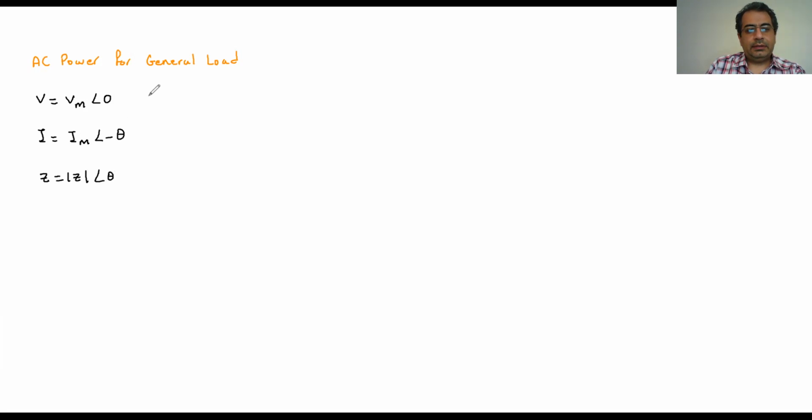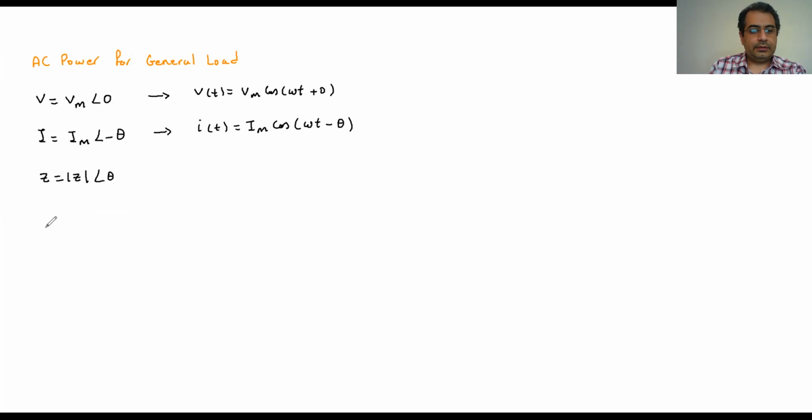This time we'll write it in time format. So v(t) is going to be Vm cosine omega t plus 0, and i(t) is going to be Im cosine omega t minus theta.